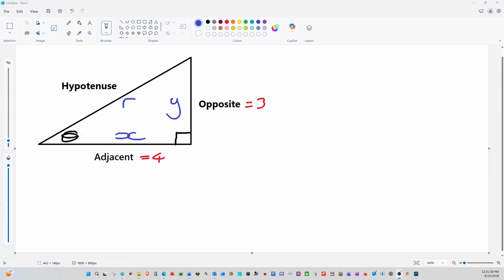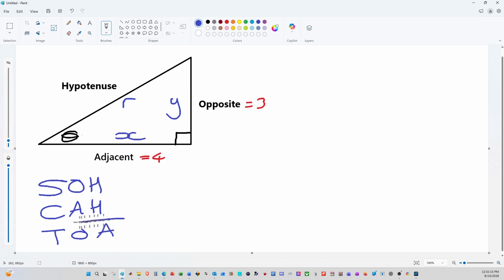You will remember the acronym that I always come back to: some old horses can always hear their owners approach. I am looking at the opposite and the adjacent, and together they work hand in hand with the tangent of theta.